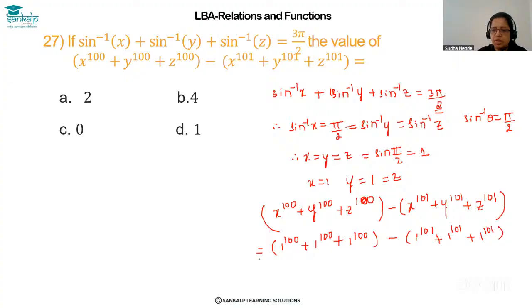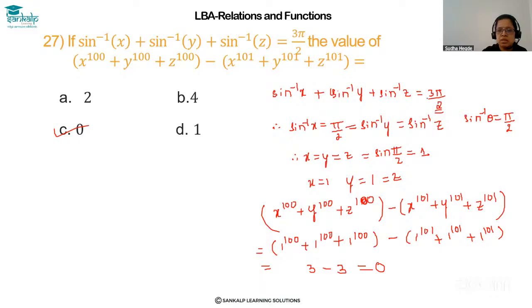So 1 power anything is 1 only. So this is 3 minus 3, that is equal to 0. Check the options. Option A 2, option B 4, option C 0, option D 1. So option C, 0, is the correct answer.